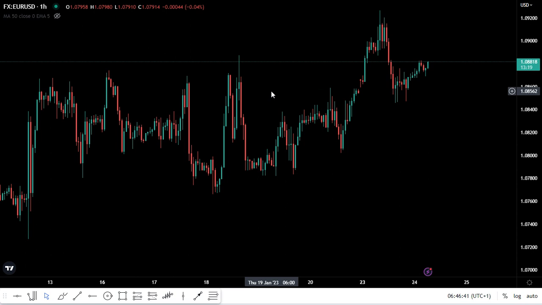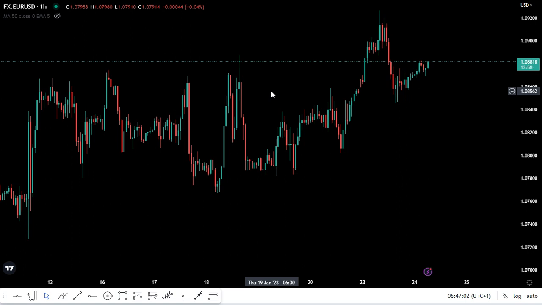So we're looking at how we can draw support and resistance, and which time frame is the best for drawing support and resistance. First of all, there is something I call dynamic support and resistance level, or the key level.